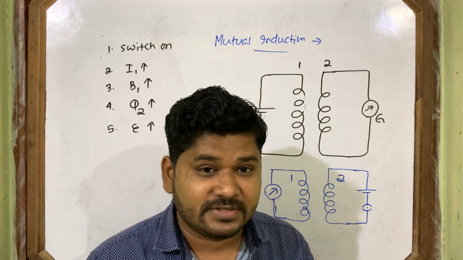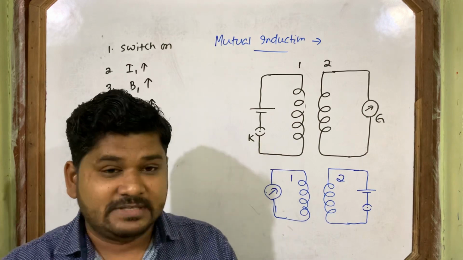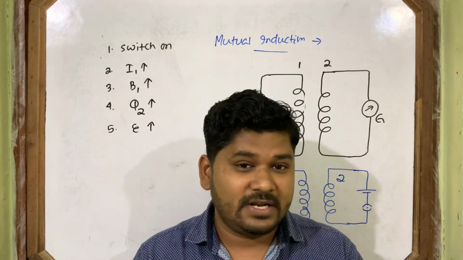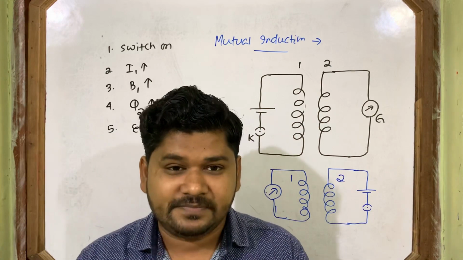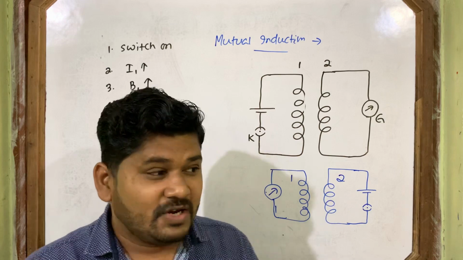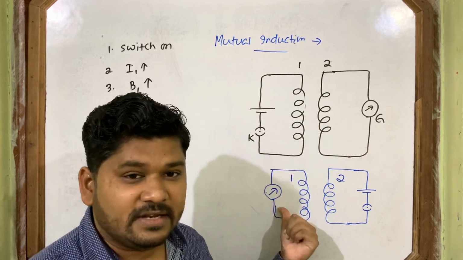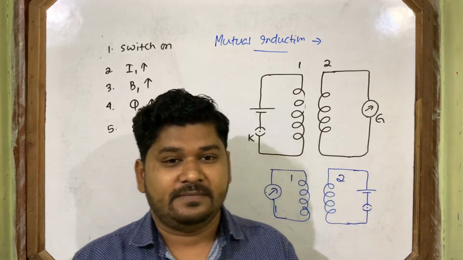So what's the definition? It's the property of two coils. Self-induction is the property of one coil, but this is the property of two coils, by virtue of which when current changes in one coil, EMF is induced in the neighboring coil.